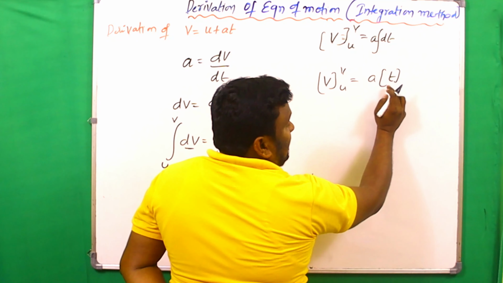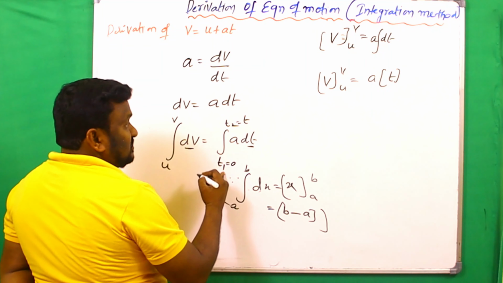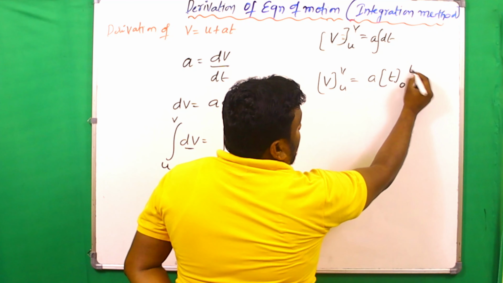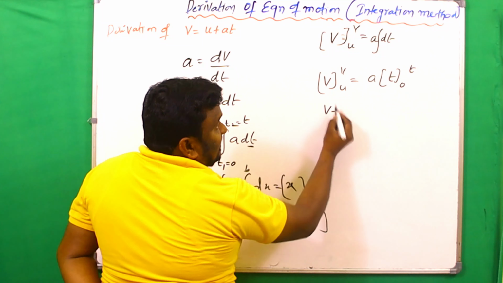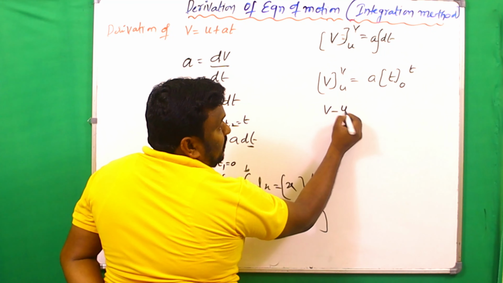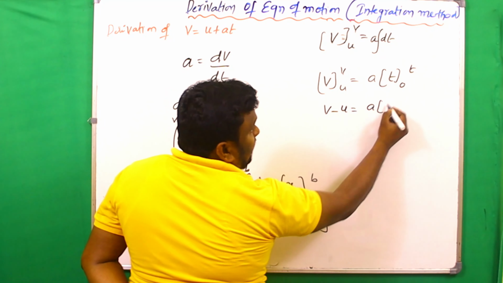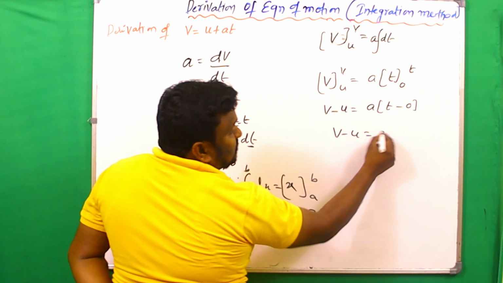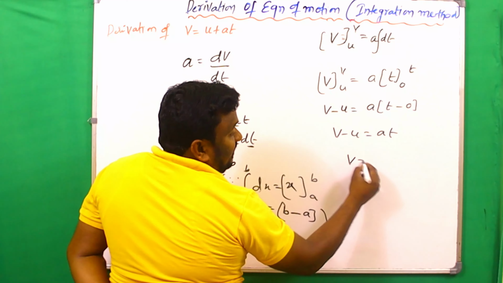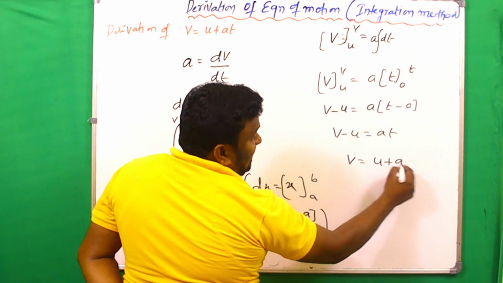Integration of dt means t, and the limits are 0 to t. First we have to substitute the upper limit v minus the lower limit u, and here also the same thing, upper limit t minus lower limit 0. Then v minus u is equal to at, and we write v is equal to u plus at.